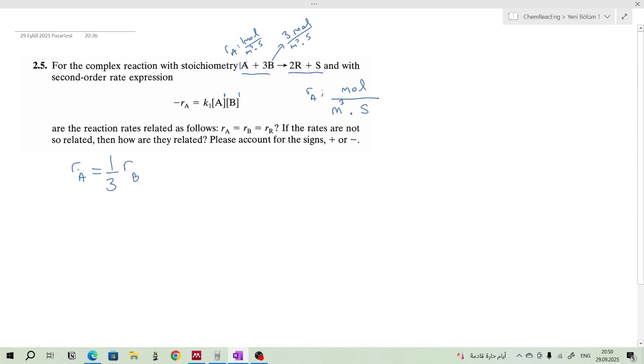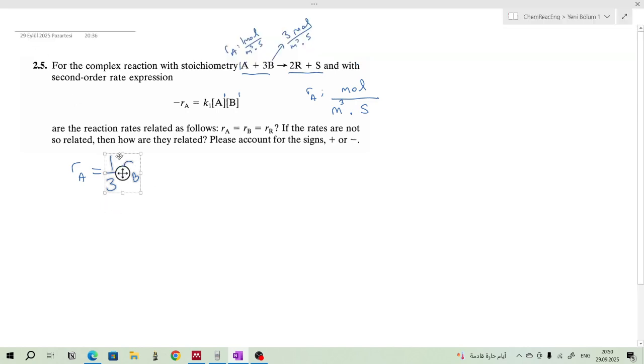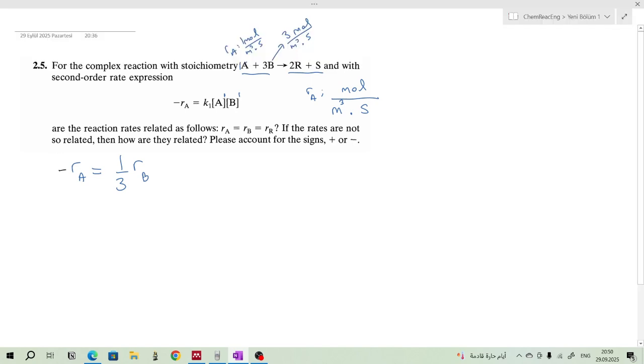Since they are consumed, you put a minus here, and we will relate it to RR. Since the product is increasing with time, to not get confused, we keep it positive.